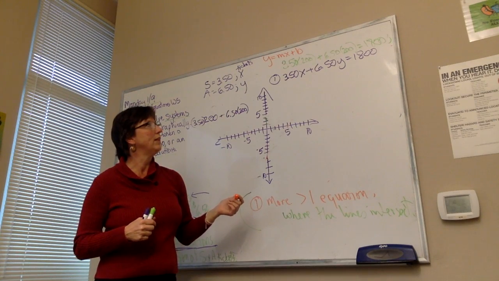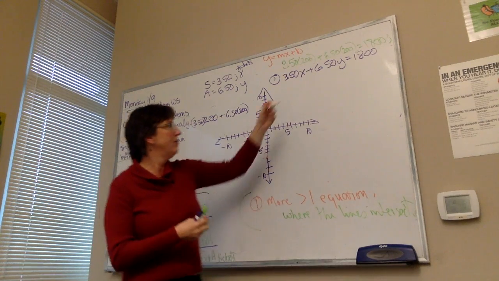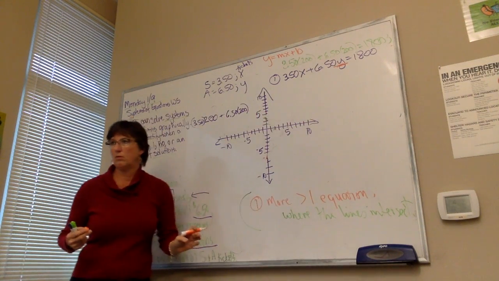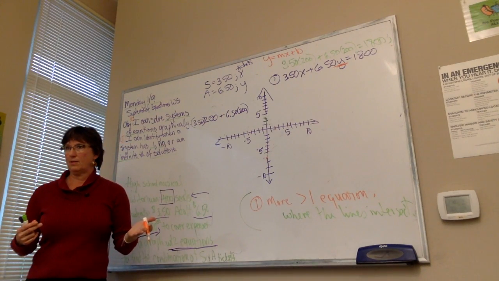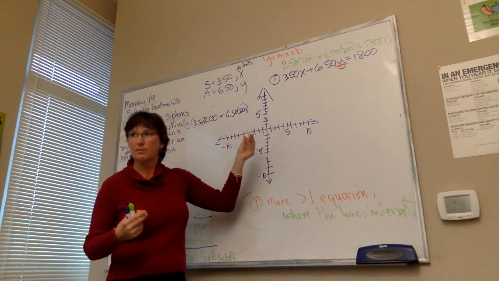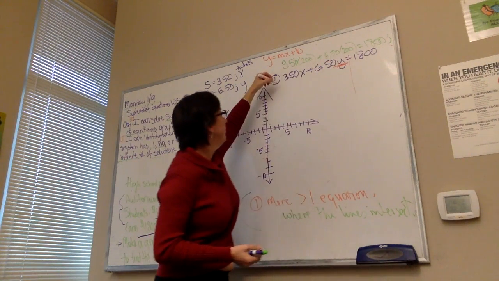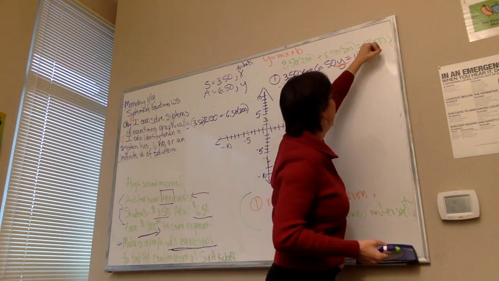We can, but it wouldn't work. So if we're solving for y, how do we solve for any variable? You isolate it. So you minus 350x? Yes, that's exactly what we do. We subtract 350x from both sides.